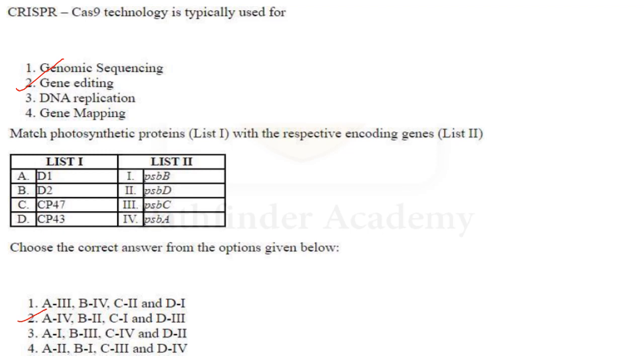Then next one, CRISPR-Cas9 technology is typically used for. So it is typically used for gene editing. Answer is option 2. Now next question. Match photosynthetic proteins in list 1 with their respective encoding genes in list 2.